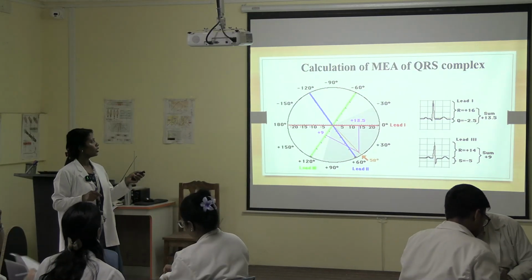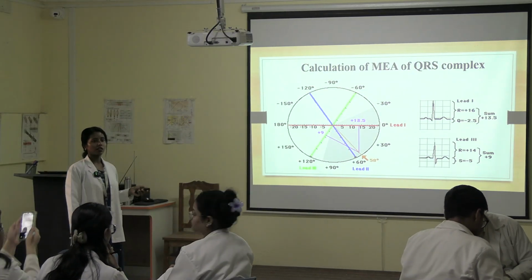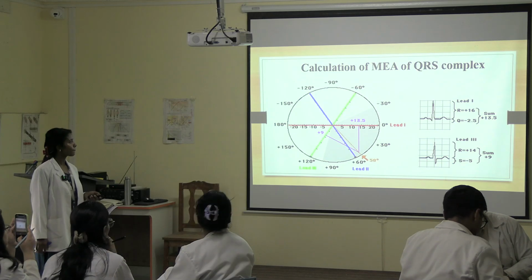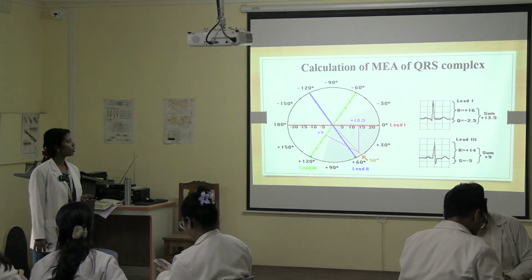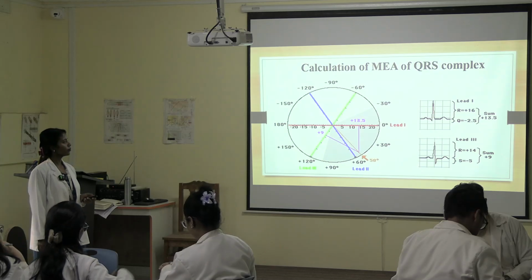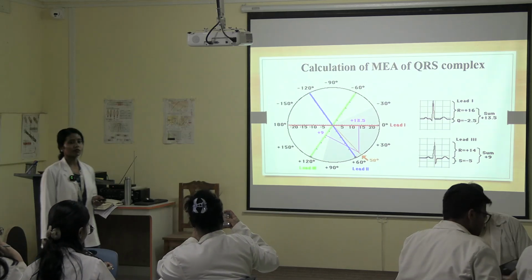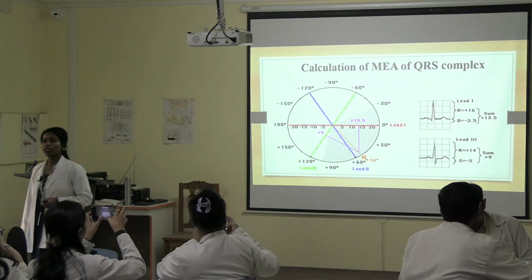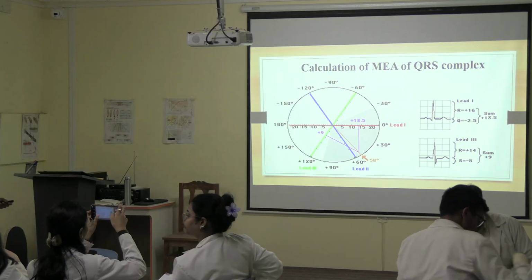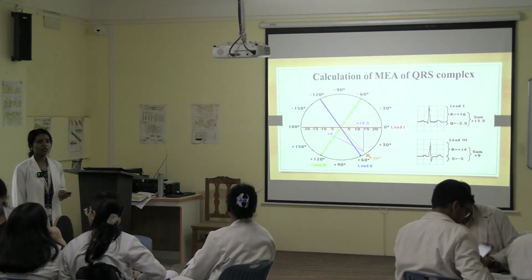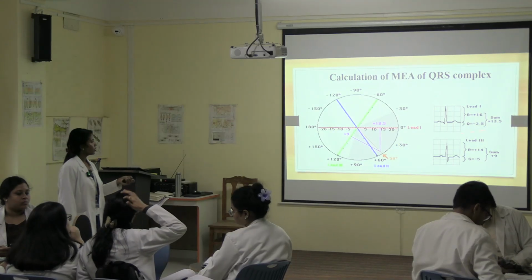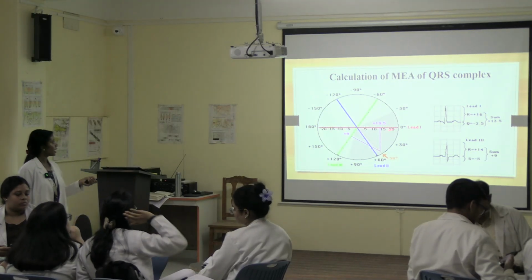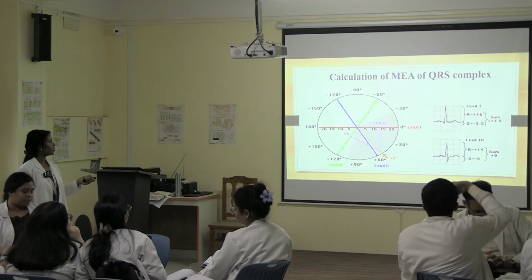So how do you go? You see lead 1, look at the QRS complex in lead 1. In the QRS complex you have to find out how much is the positive deflection and how much is the negative deflection. See in this case, in lead 1, that is one example.